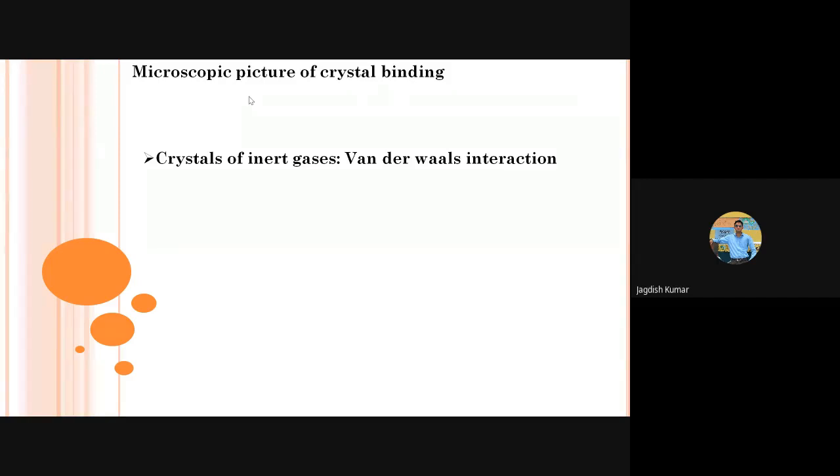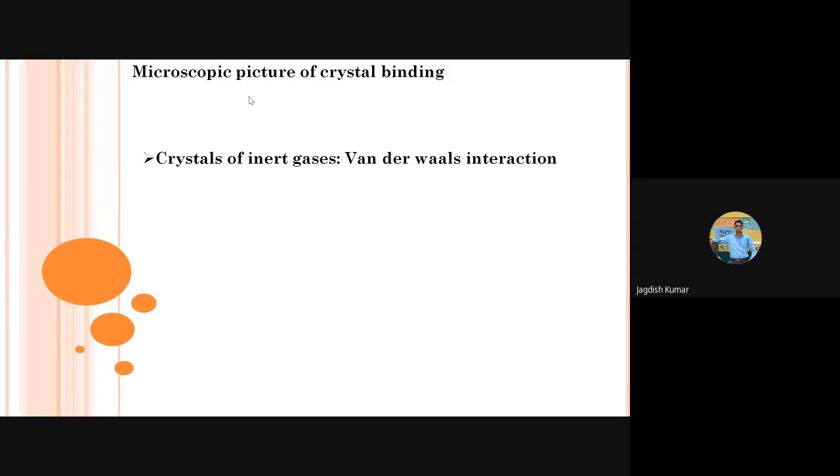But even those gases form crystals. If something is forming crystals, that means there are some interatomic forces which are trying to bind them together. Usually, in our earlier classes, we have studied that any bond formation is associated with the tendency of an atom to complete its octet, or outermost shell.